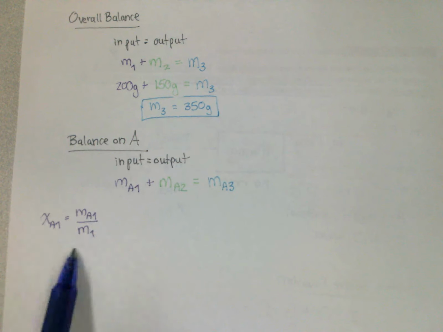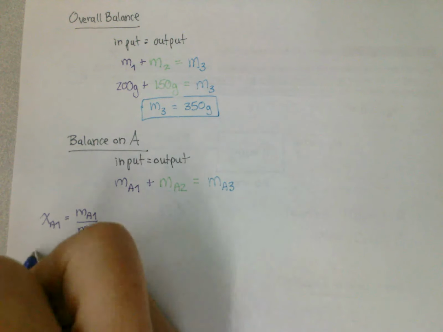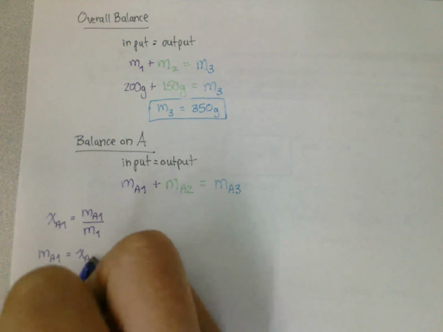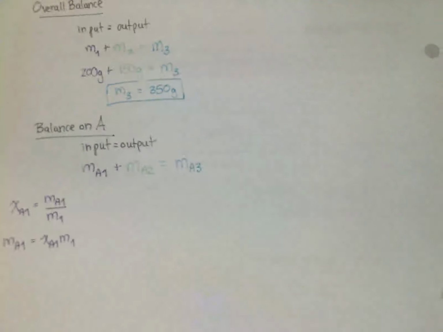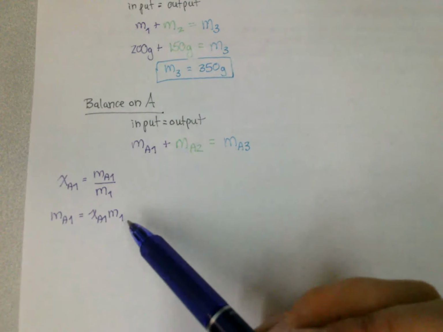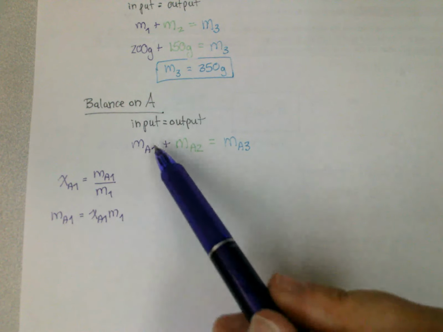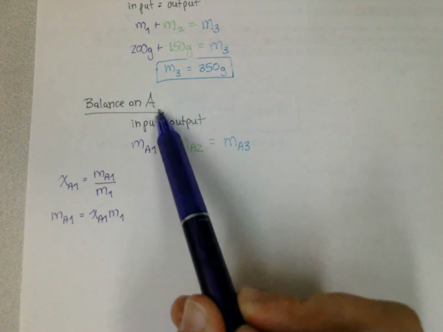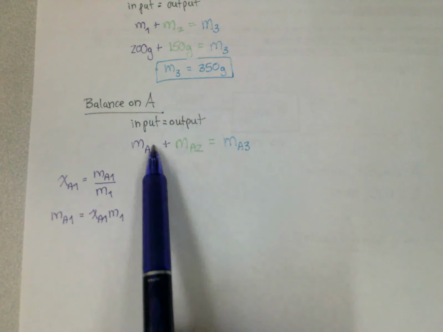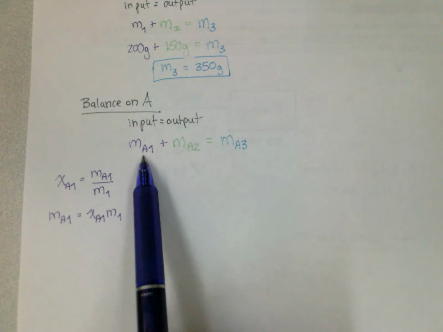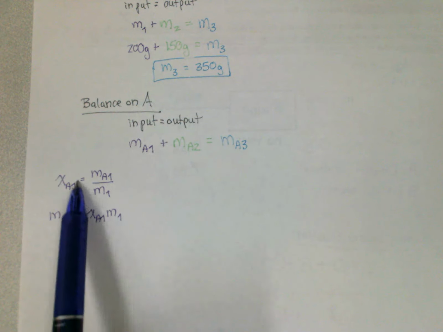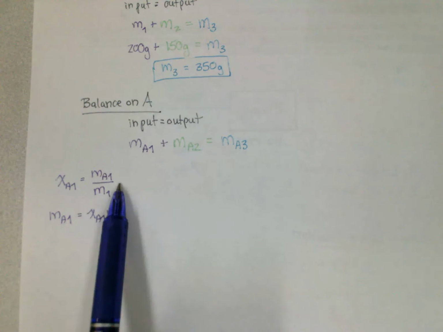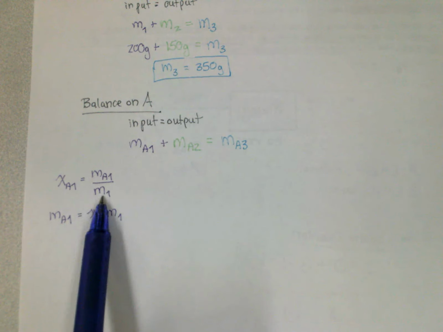This is extremely powerful because if we rearrange this, we know that the mass of A1 equals XA1 times M1. This is critical because we're going to do this for each of these species throughout the entire semester. When you are balancing A, these subscripts need to have an A. We know that there's a relationship between mass composition and total mass, and this is that relationship.